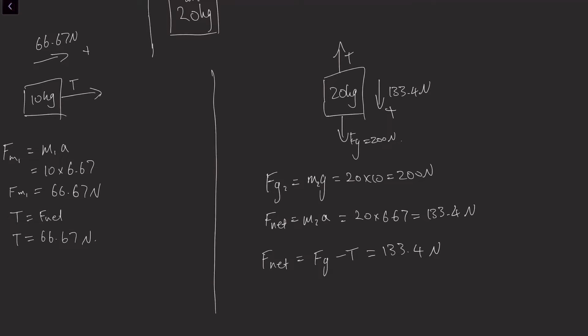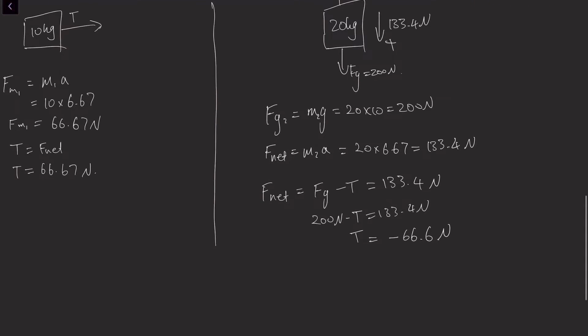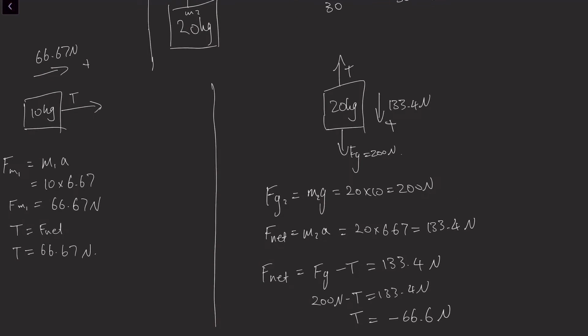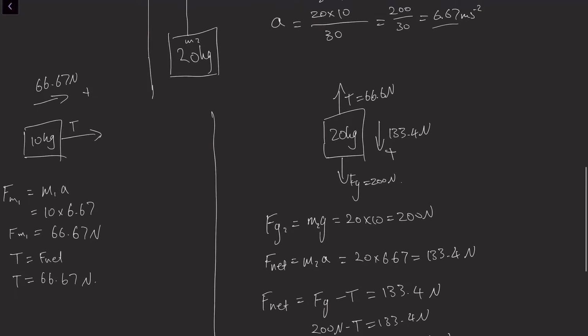Now we know what Fg is. We rearrange to find T, tension, which gives us negative, notice it's negative now, 66.6 newtons. Again, should be 66.6 recurring. And it's negative, which means the tension must be going in the upwards direction. We can remove the negative sign because we know that it's going in the up direction, which makes sense.